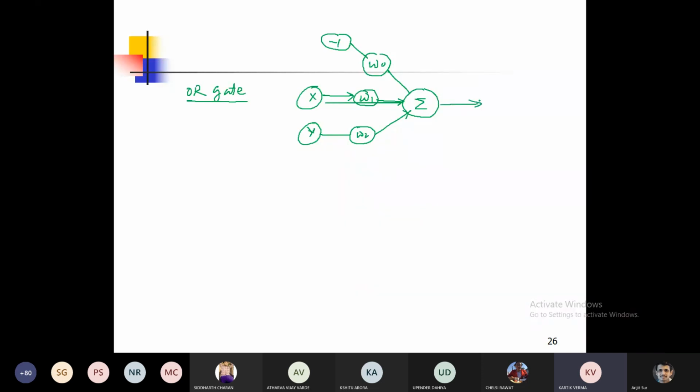This is the thing. So find the value of W0, W1, W2.